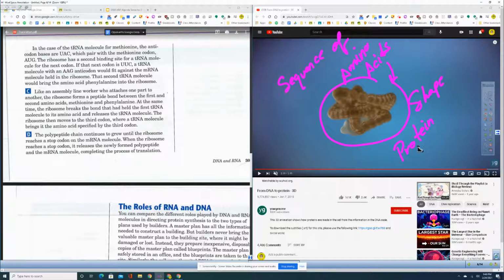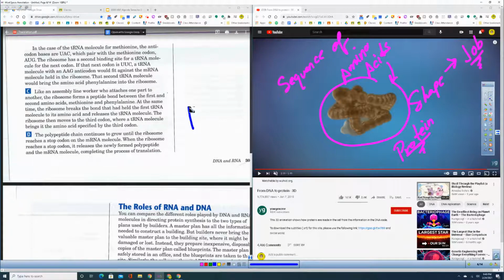And the shape of the protein determines the job of the protein. Now you might be thinking, what the heck, Rodriguez, what are you talking about? Well, it's kind of like this, guys. It's not very hard to understand if you follow along.